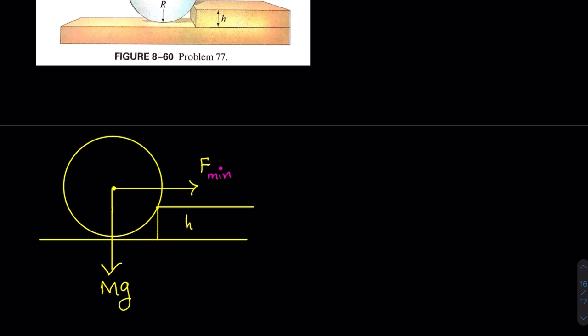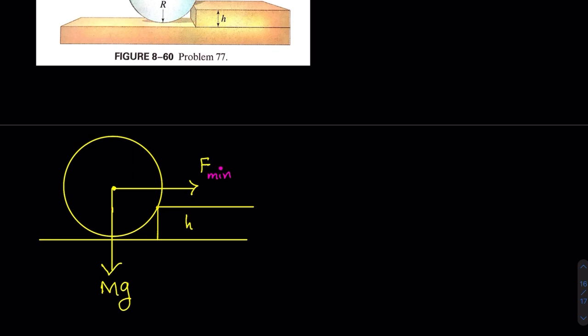That means the force that can keep this wheel a little bit above the ground. That is the minimum force needed for making this wheel climb the step. So we suppose it just begins to climb, and it is just a little bit above the floor.